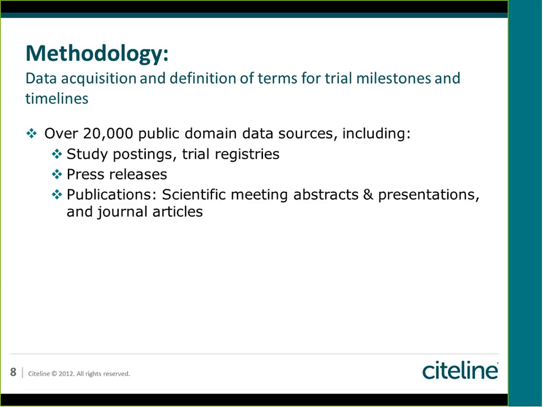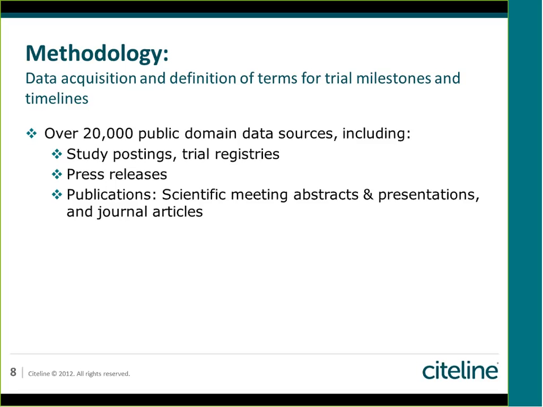In the next few slides, I want to quickly give an overview and a couple of examples of how we source this data. As I mentioned, we regularly mine over 20,000 public domain sources, and these sources include study postings, trial results registries, both at the level of the sponsoring company and also at the level of country trial registries.